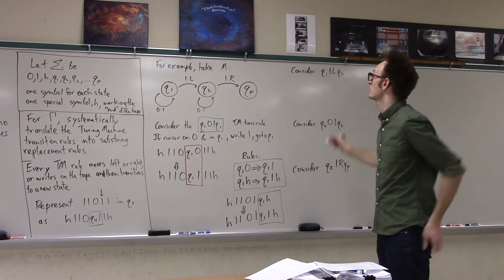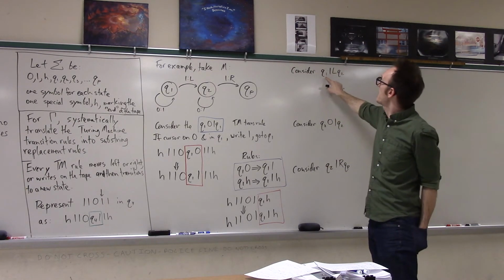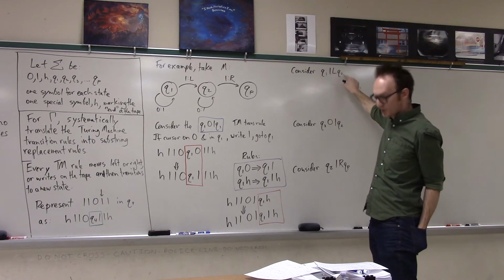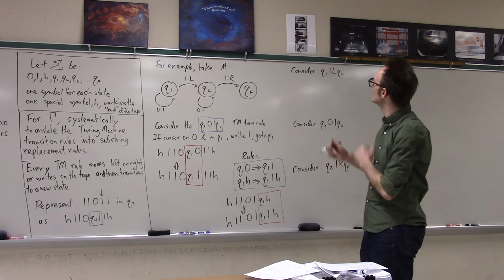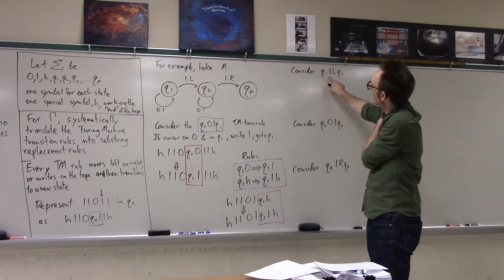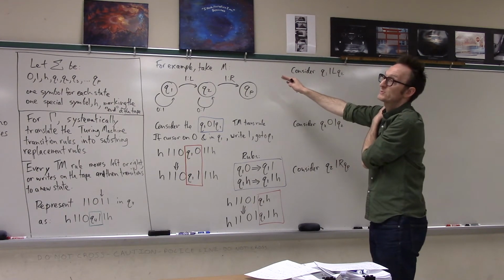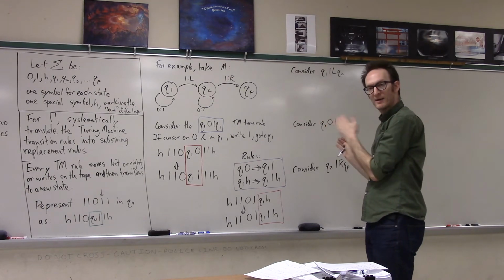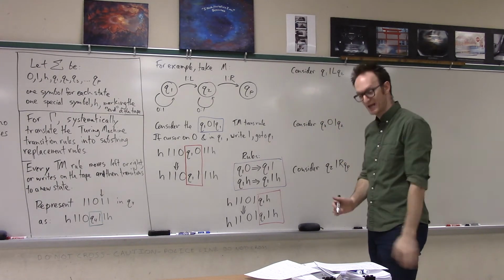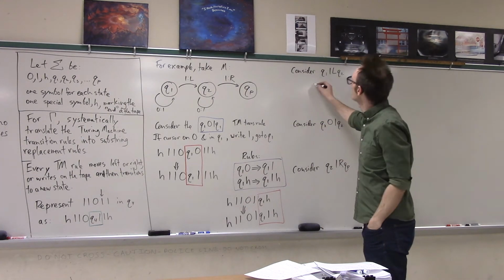Consider the situation in which I'm in state Q1 and I read a 1. I'm supposed to move left and go to state Q2. Think about what that means. It means that my cursor is on a 1 and I'm supposed to move left, so I am moving to the left of whatever was on my tape. There are multiple things that could be on my tape.